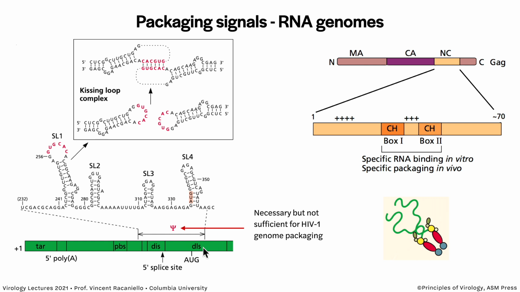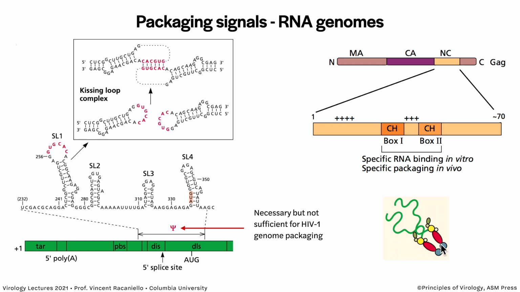Also within this region is the packaging sequence, and it's shown by the Greek letter psi, and this is a region that's needed for packaging the RNA into the particle. And this region is actually not enough for packaging. There are other sequences that are needed as well, but this is a very important component.